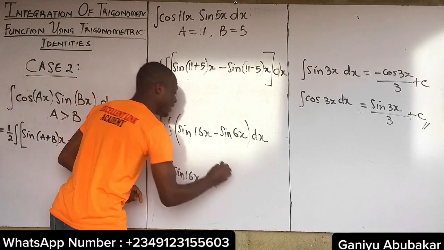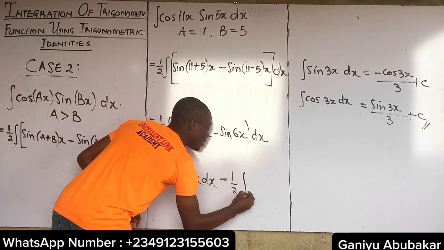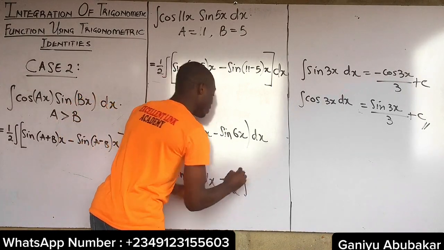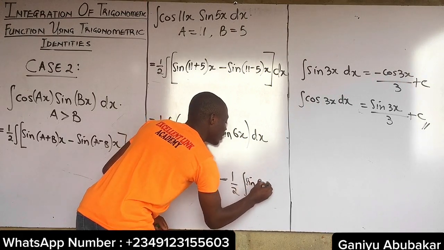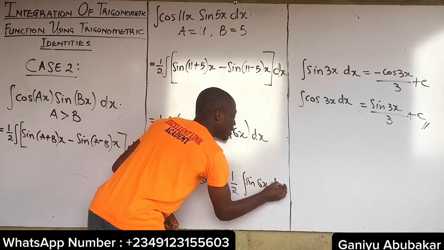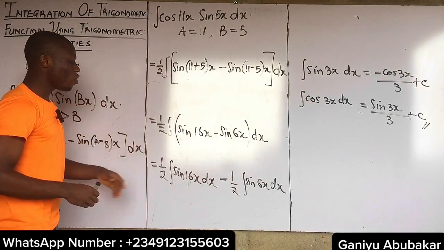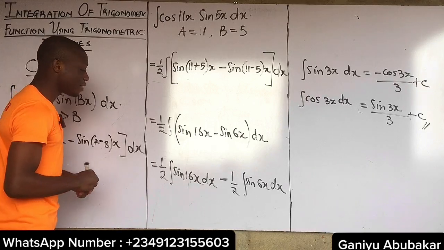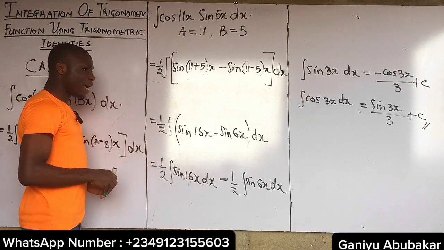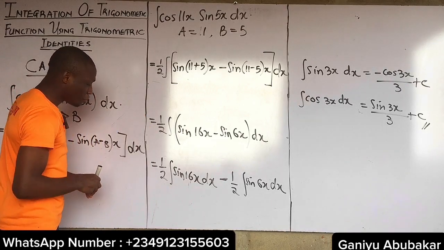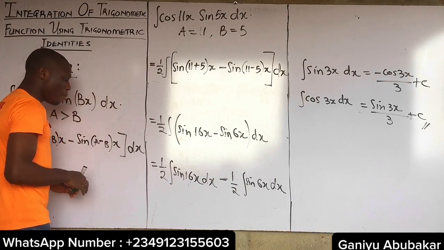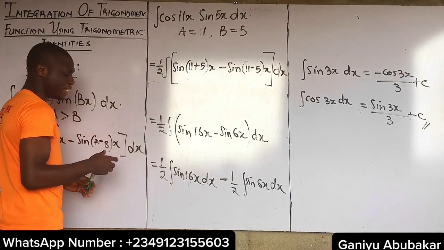Pick out half an integral symbol with this one here, sine 6x, attach the dx to it. Of course, at this point here, what's your next task? Your next procedure is quite simple. My next task now is to start integrating.